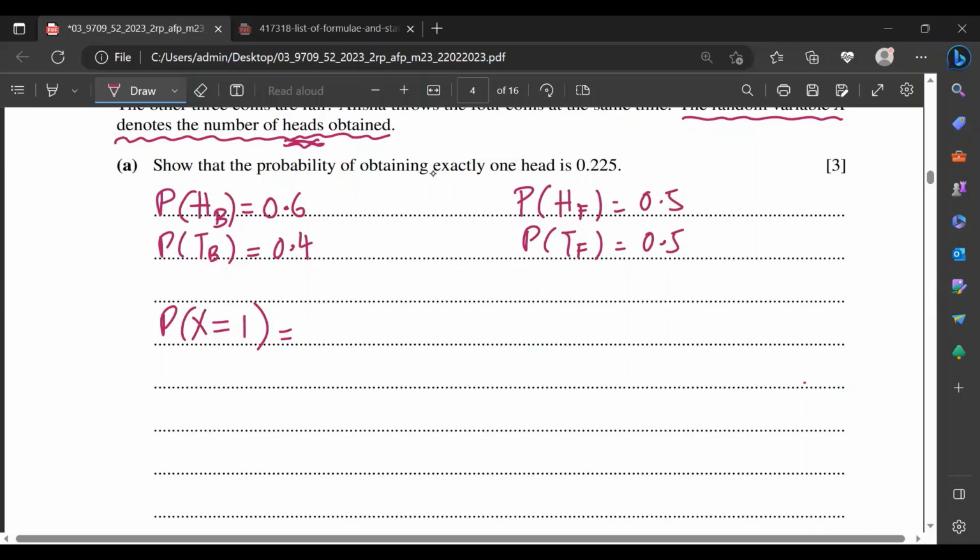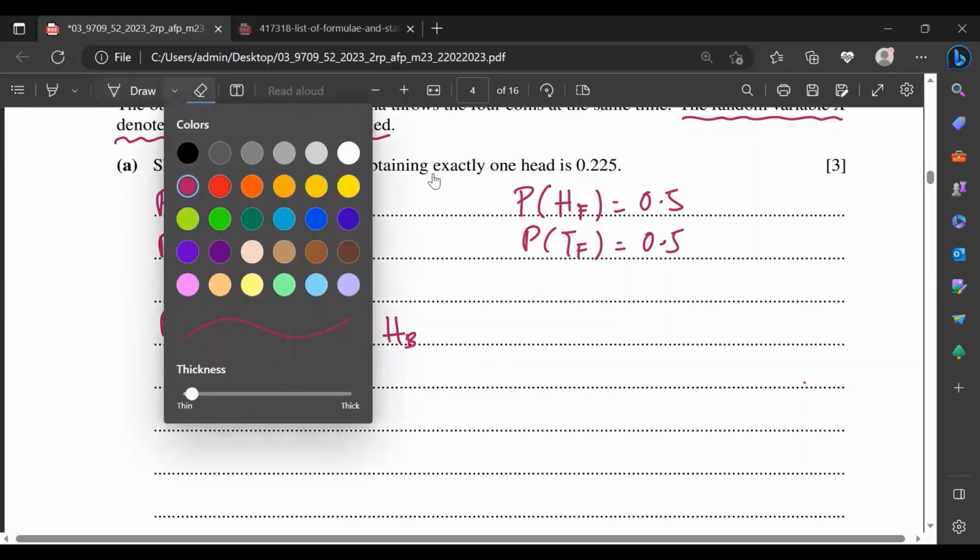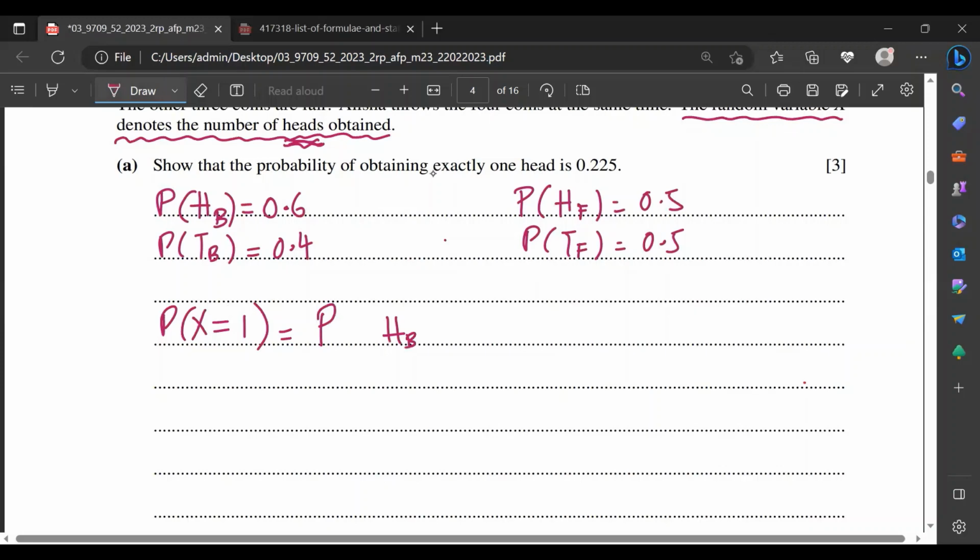So what I can do here is consider a head on the biased coin and tails on the fair coins.